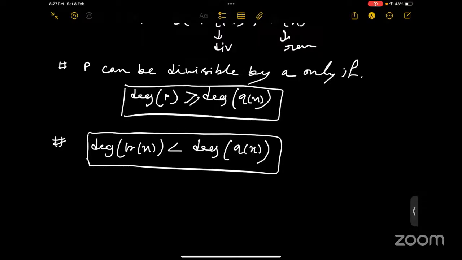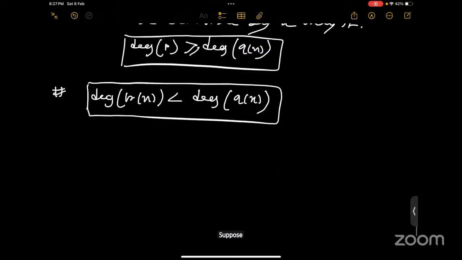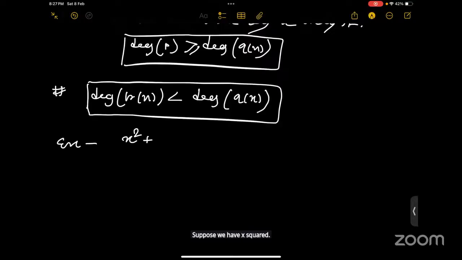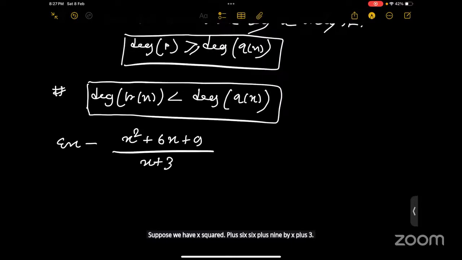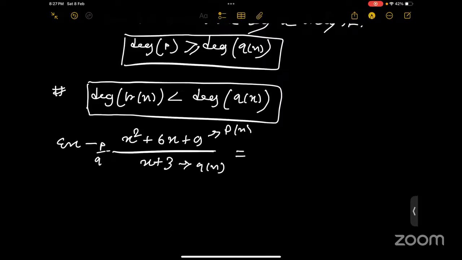Okay. So let us solve an example. Suppose we have x squared plus 6x plus 9 divided by x plus 3. This is our p(x). This is our q(x). So what will be the value of the division?